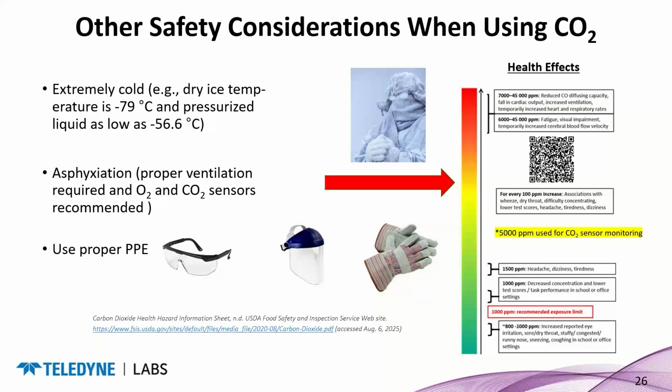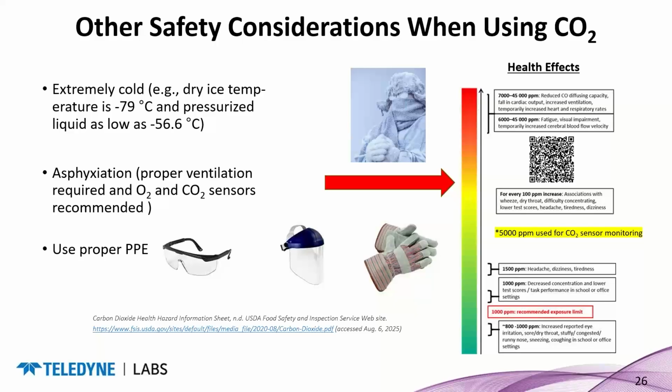To the right of the slide, you can see the varying levels of CO2 where things become a concern above a certain level. Generally for CO2 sensor monitoring, set point's generally around 5,000 ppm, where you might start having issues.